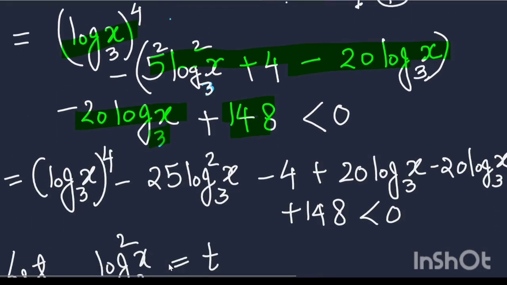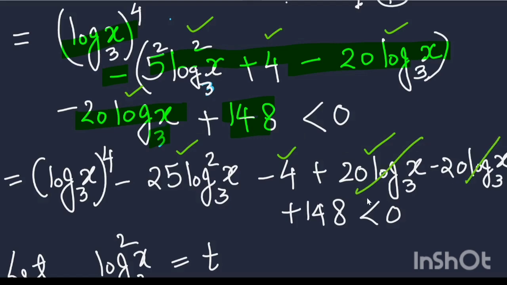Now if we simplify, multiplying by the minus sign inside, this term will become minus 25, minus 4, and minus 20 becomes plus 20, which gets cancelled with this term minus 20. So this and this cancel out.